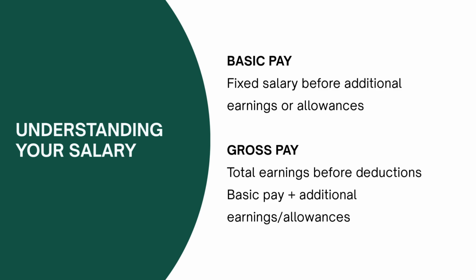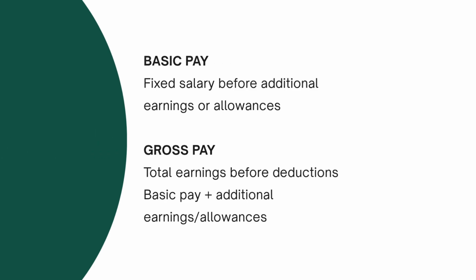Now this becomes the gross salary, and this is the taxable amount. For example, if your basic salary is 50,000 and you receive a bonus of 10,000, then your gross pay for that month becomes 60,000 before any deductions are made.